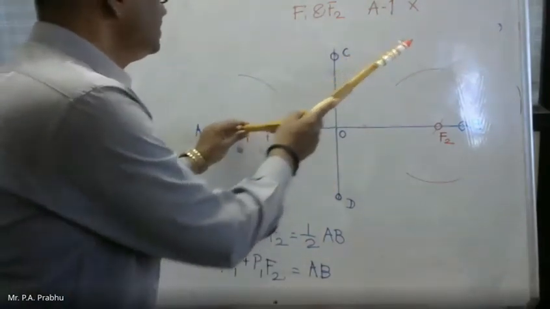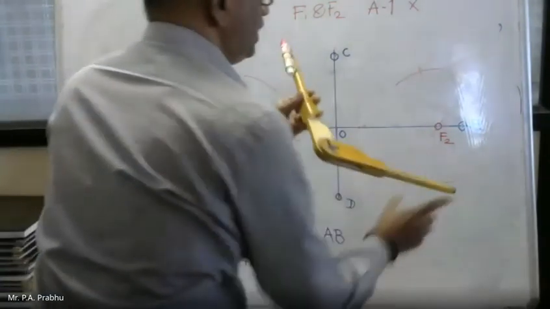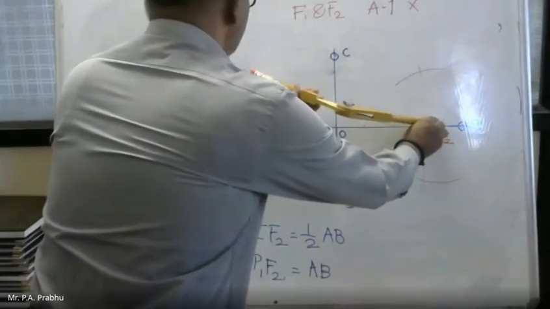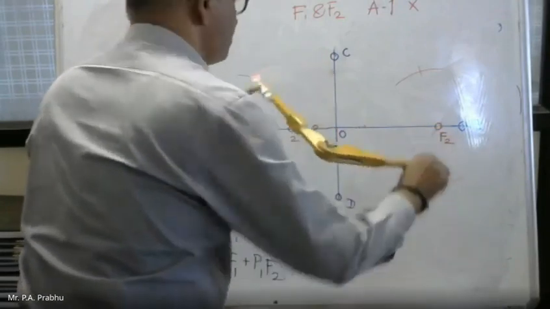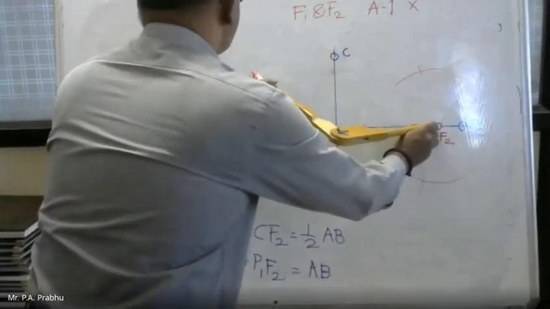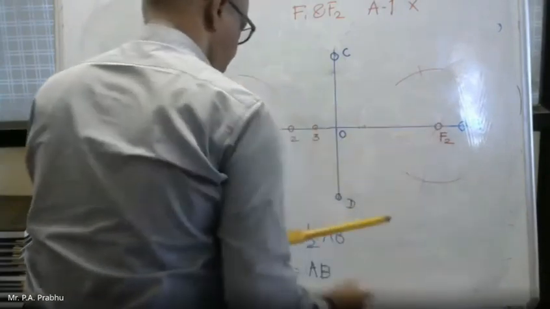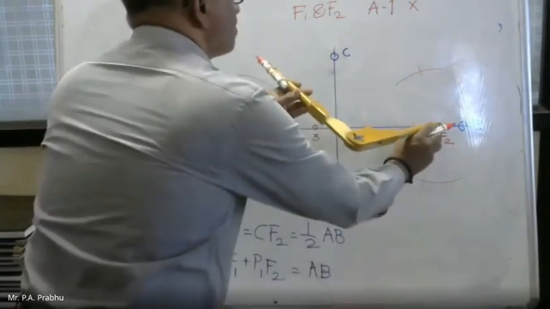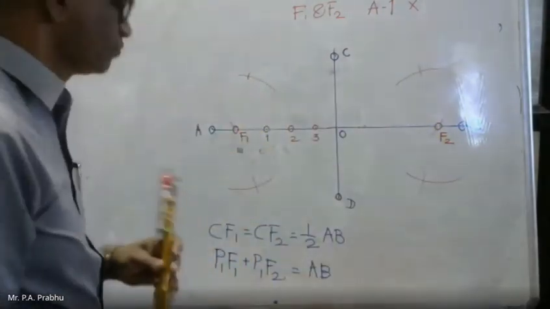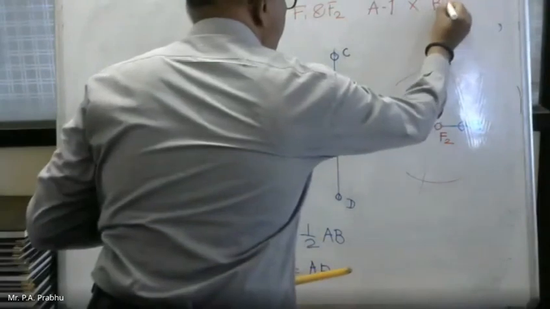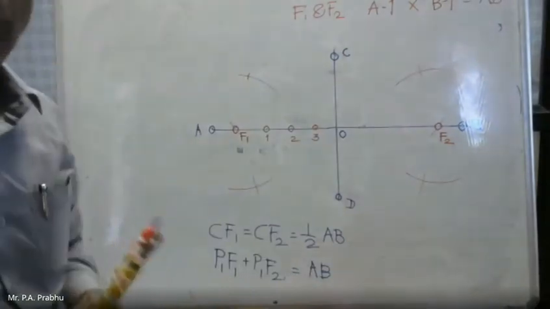Take now F1 as a center, cut these two arcs. Take F2 as a center with the same radius. So I have found a total of 4 points of the ellipse.